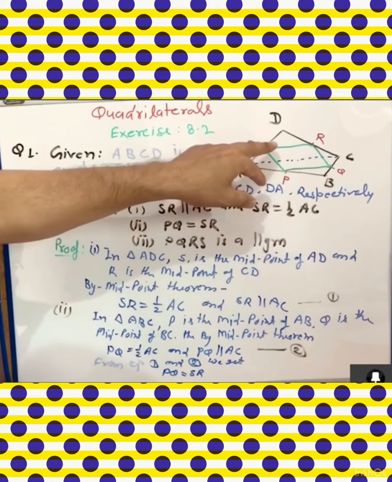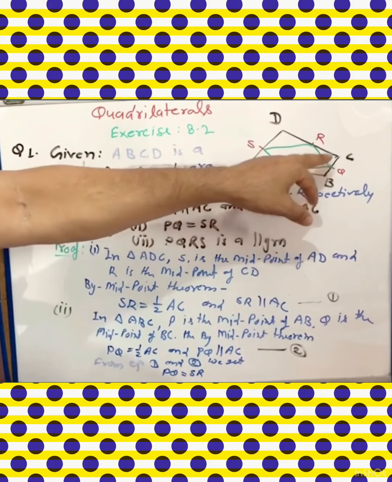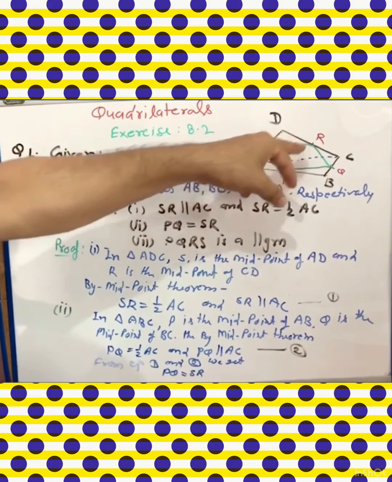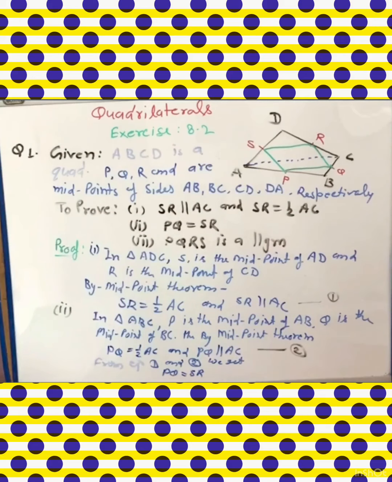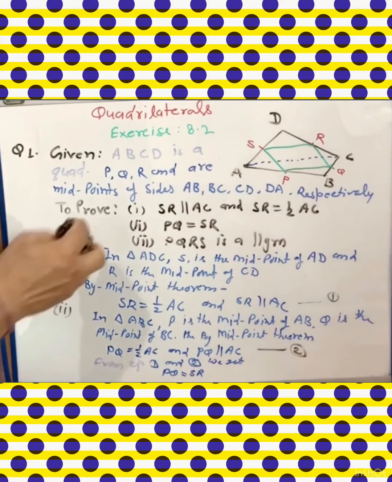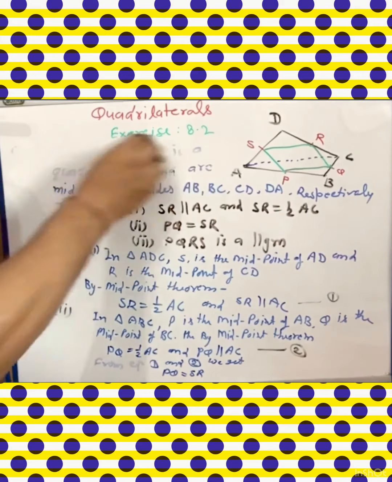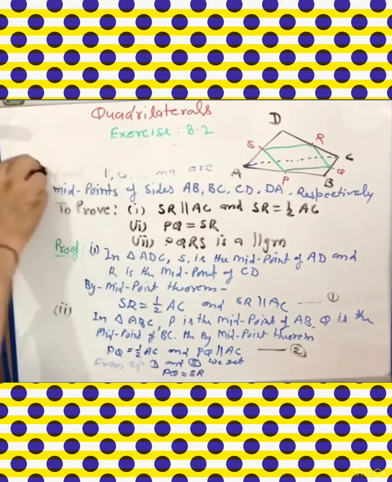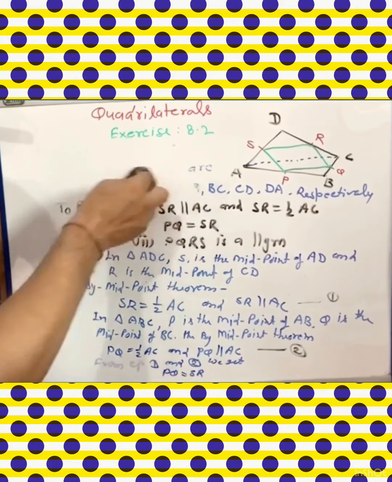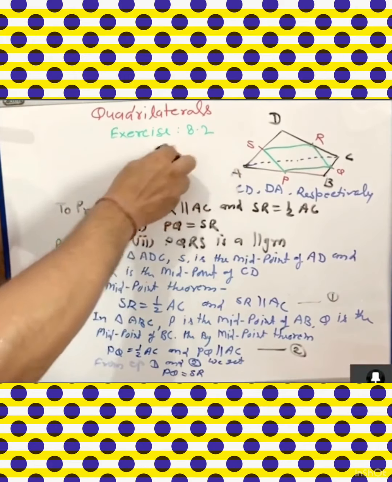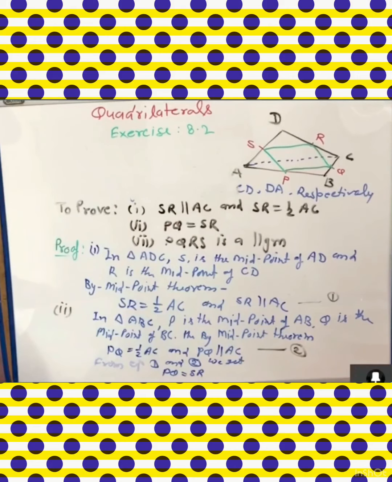It means you can say that PQ is parallel to SR. So you will write once again for part number third, only 2 steps are remaining for this question.